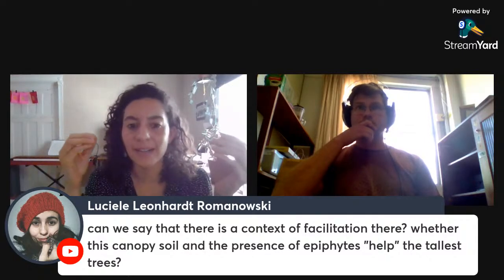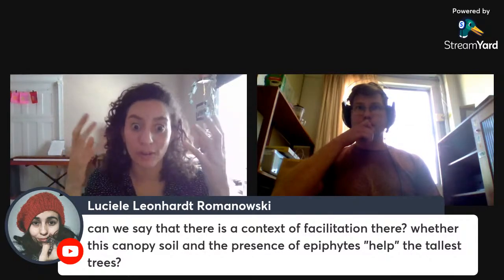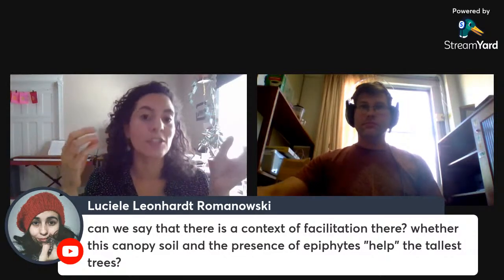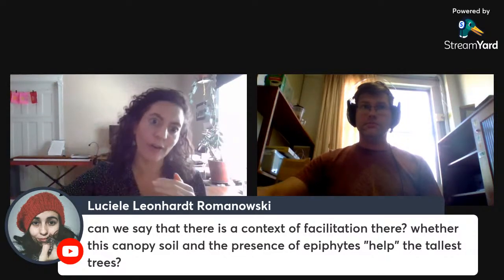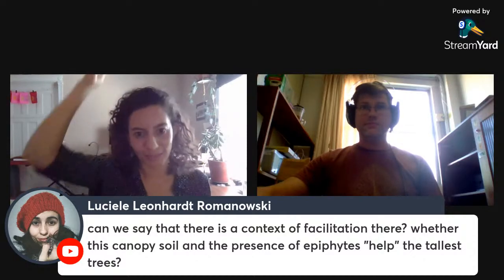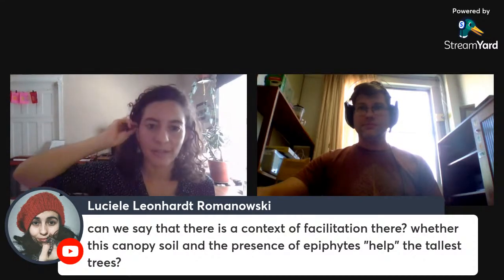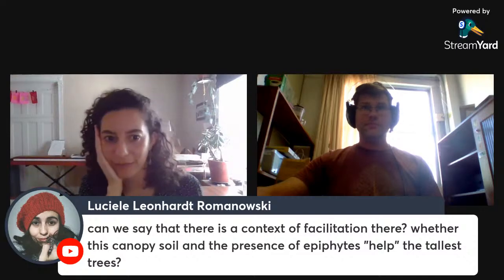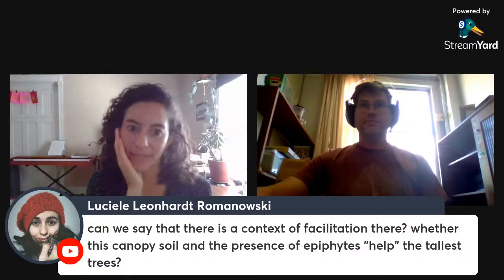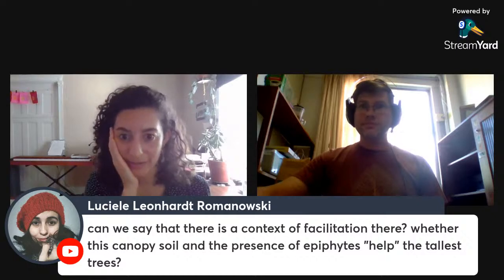So there are some adaptations that taller trees have besides canopy soil that also help them to survive and to avoid the resistance to moving water from the soil at the bottom to the top. There are a lot of adaptations. It could be the canopy soil, or it could be that the leaves are able to take up water.